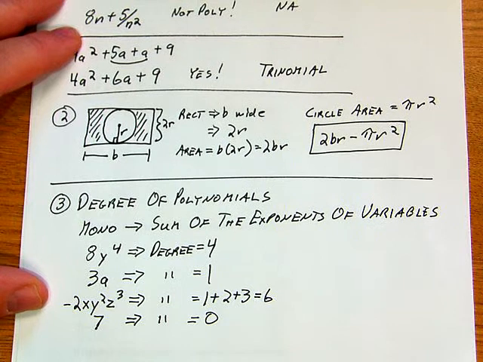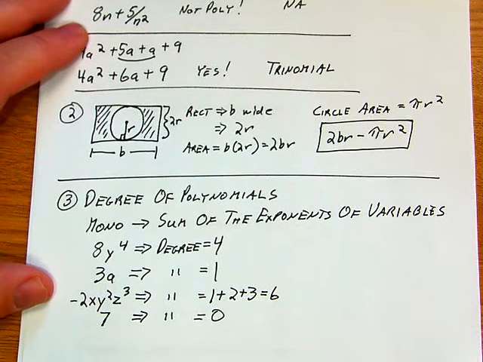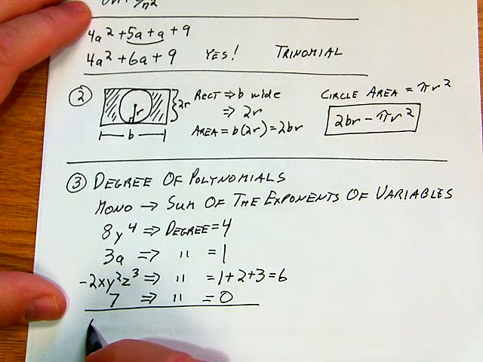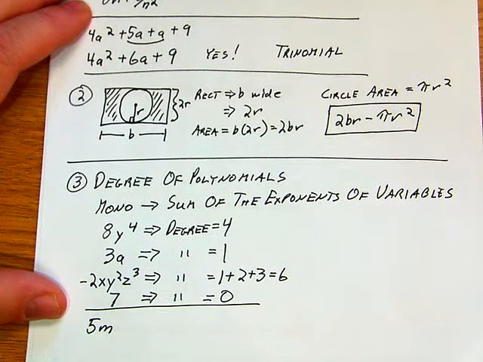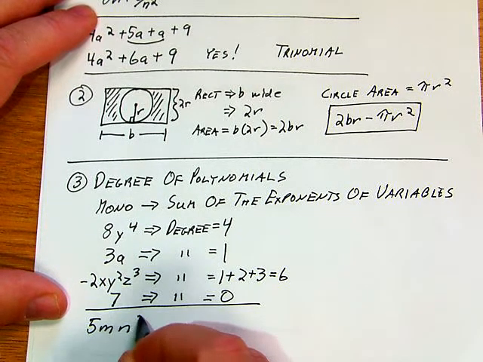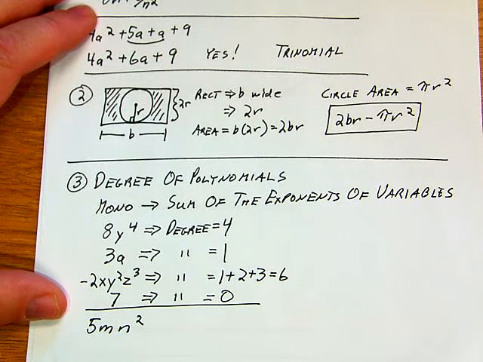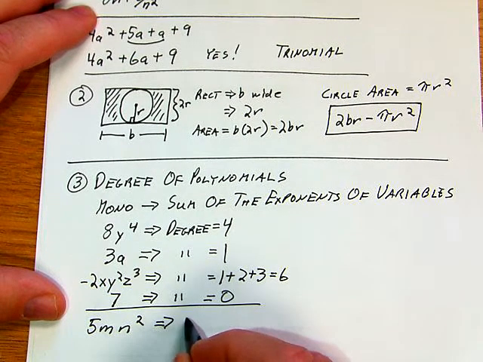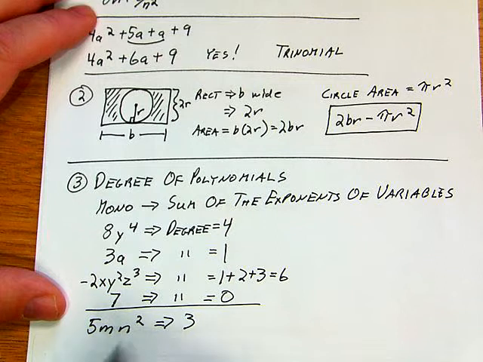So let's take a look at a couple examples. Alright, let's take a look at example 5. mn squared. What is its degree? It's a simple monomial, but its degree, we just looked it up, would be 3. 1 plus 2.